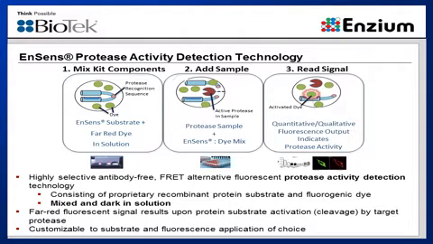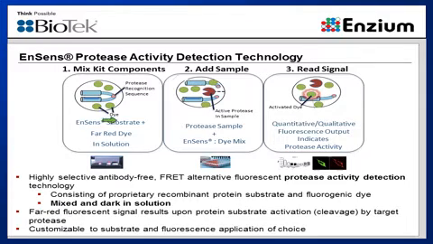This was done using a novel protease activity detection technology from Enzium called EnSens. The assay technology is based on a proprietary protein substrate, which contains a selective recognition sequence for a specific protease, in addition to a fluorogenic dye, and works in the following manner. First, as we see in the first cartoon, the horseshoe-shaped substrate and dye are added to the well.